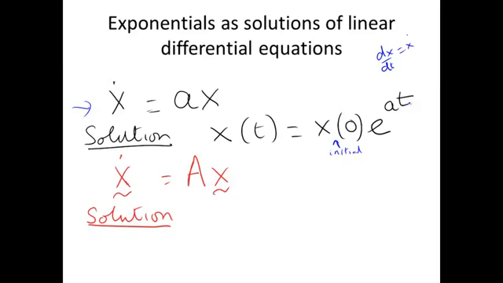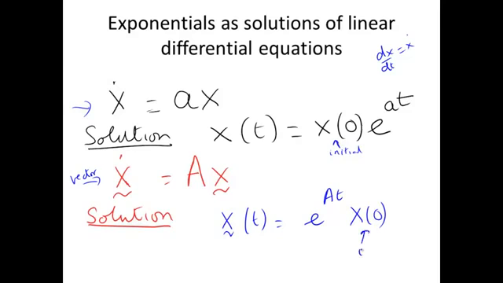Again, standard result. This idea applies when we have x's which are vectors. So here I have this formula x dot, but this is now a vector, and this is the differential equation. So what's the solution of this differential equation? The solution here is going to be x of t equals e to the at, and then there will be some initial condition x of 0.